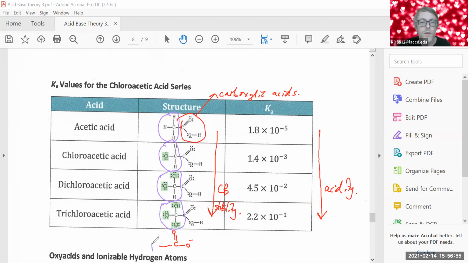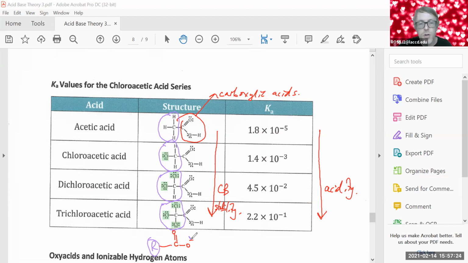Let's say all this stuff is R. Then we are able to pull electron density away. So essentially, we are able to stabilize this negative charge, right?